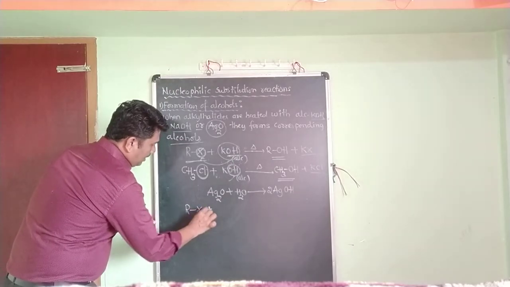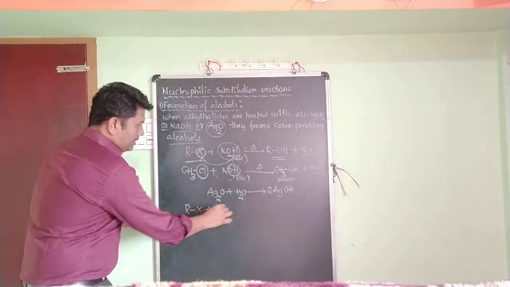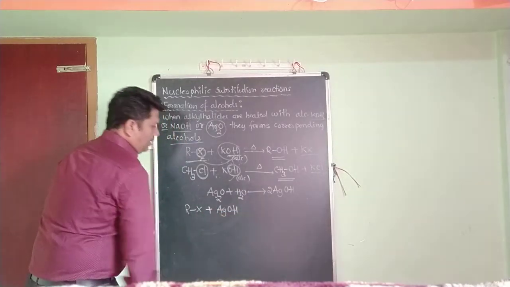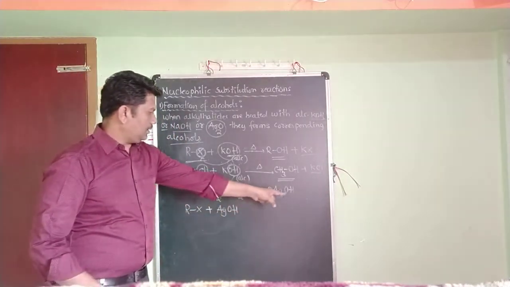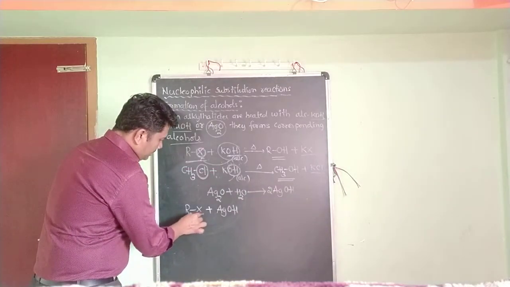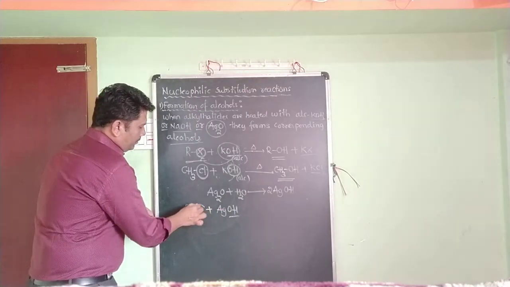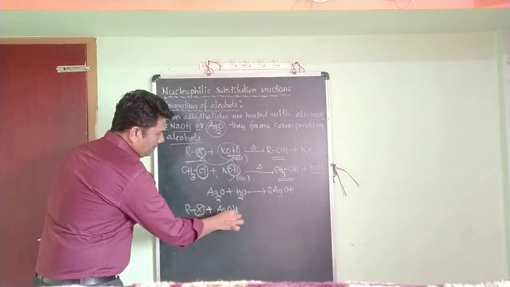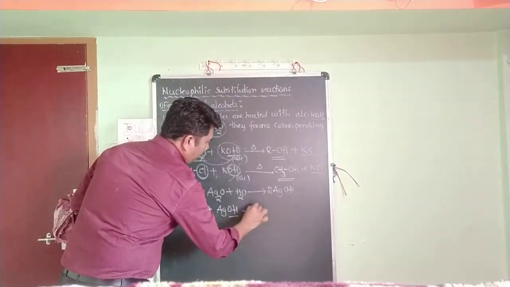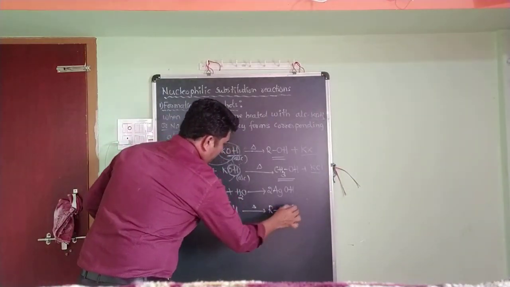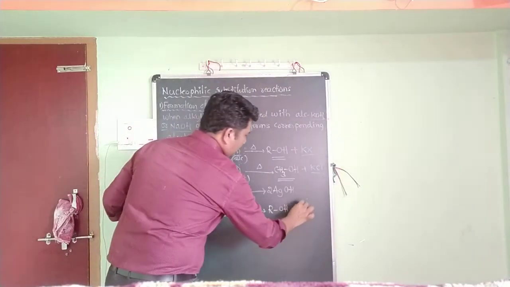Alkyl halide RX, when it is heated with silver hydroxide, that is AgOH, here X is a weak nucleophile and OH is a strong nucleophile. So this weak nucleophile is substituted by this strong nucleophile. Therefore it becomes ROH plus AgX.